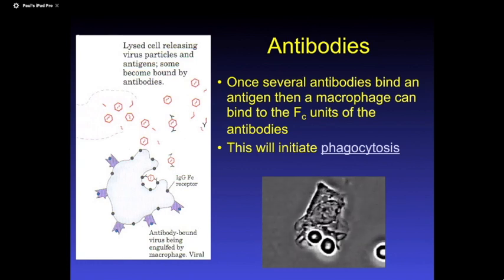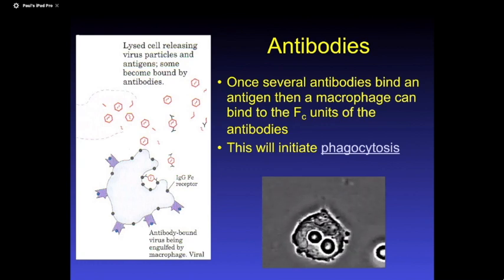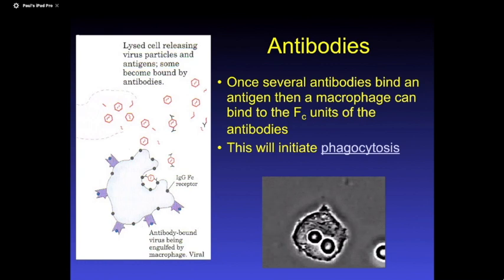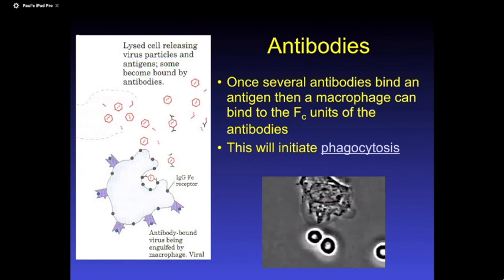Antibodies are bound to something that is bad. I'm going to take it inside of me through phagocytosis. Now, usually, when a virus particle goes inside the body, it's going to infect it. It's going to invade, and it's going to integrate its DNA into the DNA of the cell. The cell is now infected. It's bad. But a macrophage does it differently.